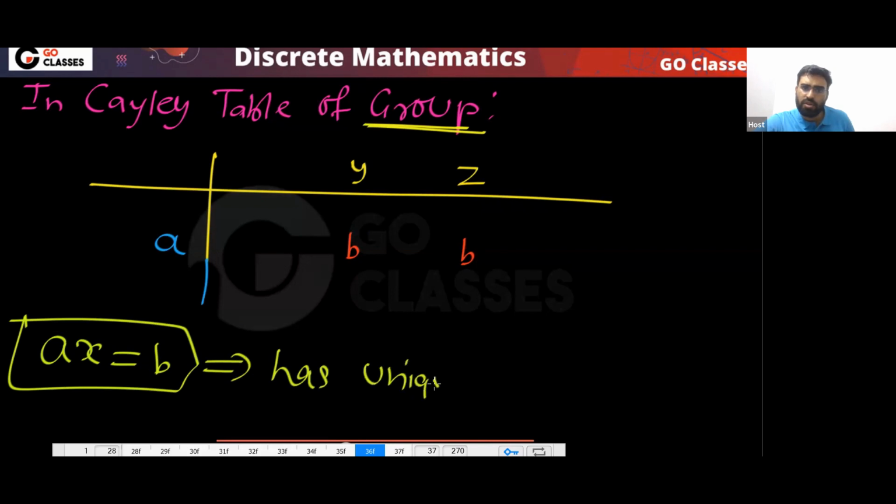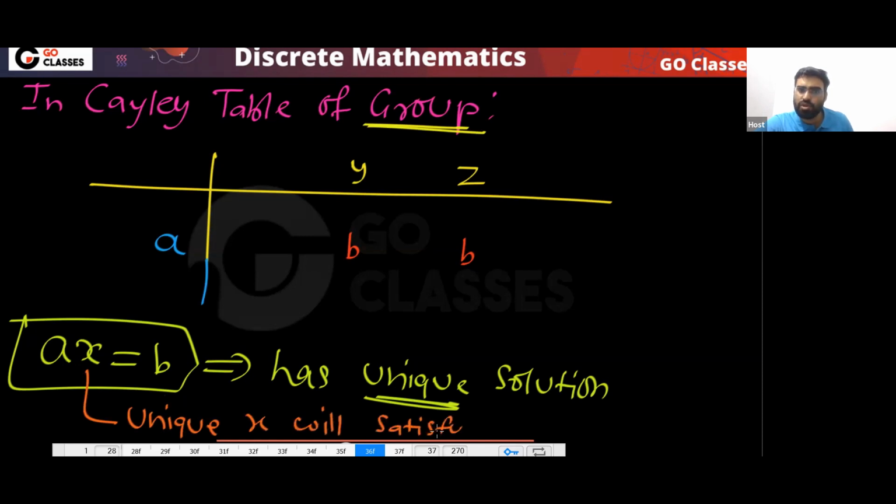You already know this. Because you have a unique solution, it can never happen that two different elements give the same result. Is this clear? Because ax equal to b has a unique solution, there is a unique x which will satisfy this.